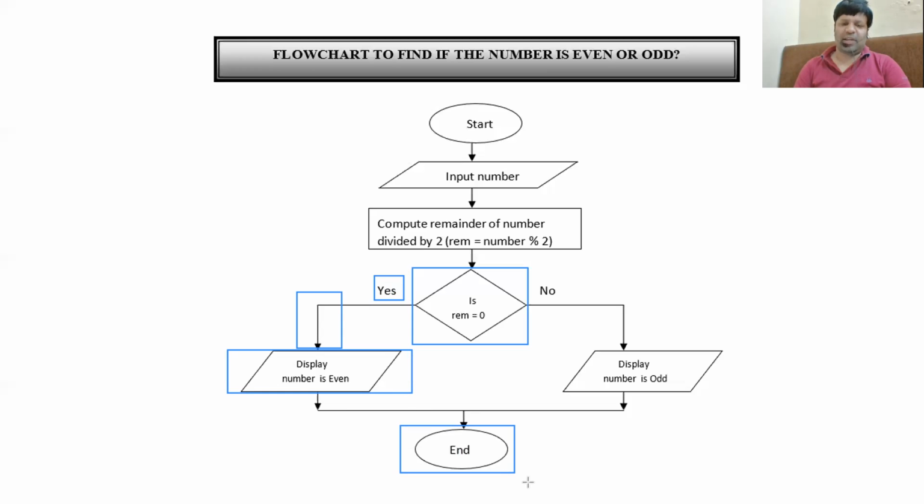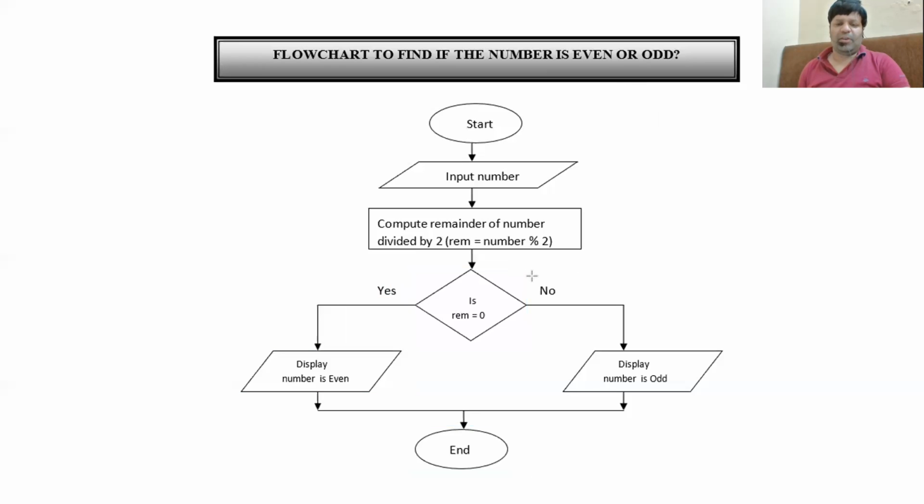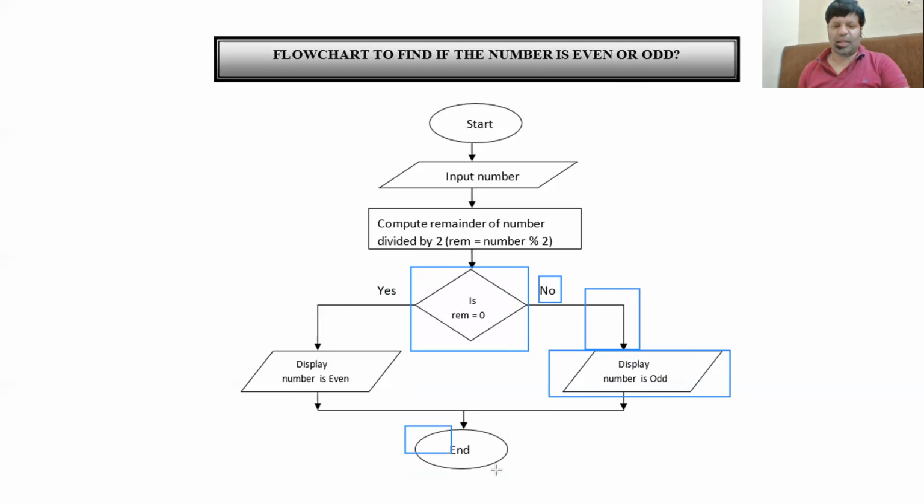So we check the value of the remainder is 0, the answer is yes, we follow the flow line on the left hand side, display that the number is even, and we reach end. Now, what if the value of the remainder is not 0? The output is no. Then we are going to follow this particular flow line and display that the number is odd and reach the end.